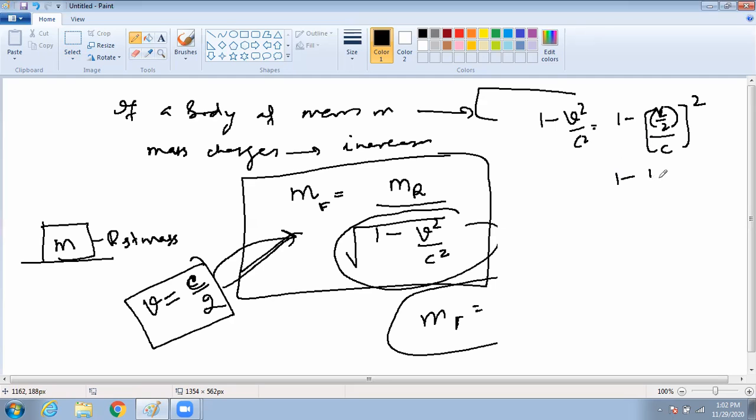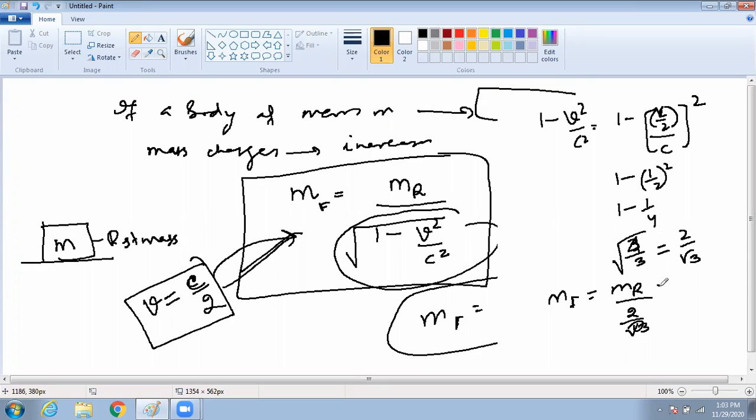It will be 1 minus (1 by 2) whole square, which is 1 minus 1 by 4, so it will be 3 by 4. The root of that is root 3 by 2.